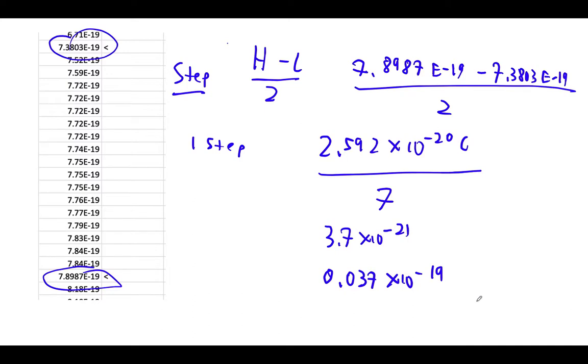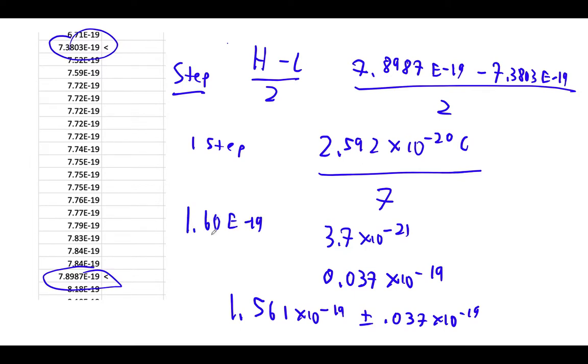Okay? Now, if you go back and you look at what our value for e was, we got 1.561 times 10 to the minus 19th. But that is plus or minus 0.037 times 10 to the minus 19th. Now, I'm pretty sure if I add something that's about 0.04 to something that's 1.56, we'll get very close to the 1.60 e minus 19 that we think it is.